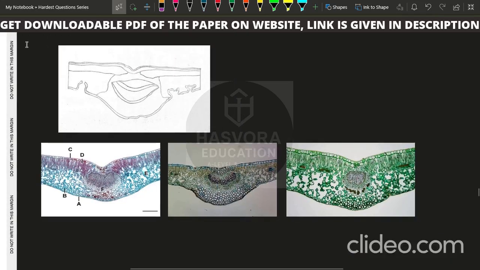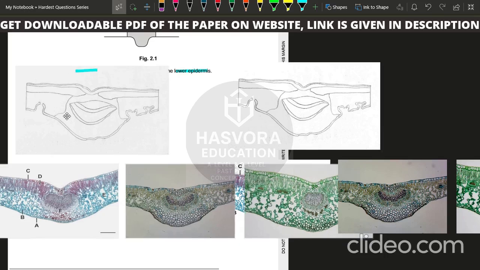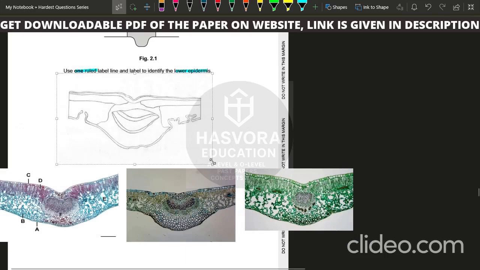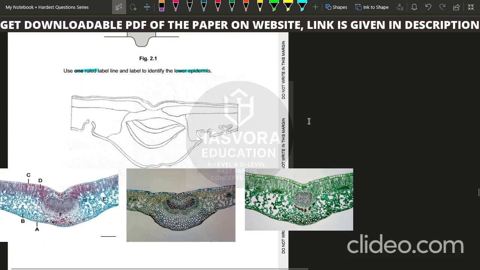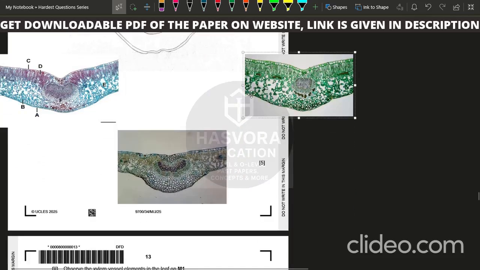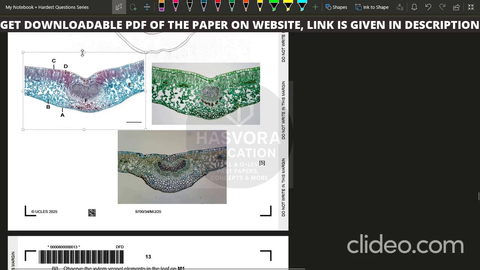Okay, let's just shift them towards the paper. Let's make this a little bit large, and let's just adjust this.